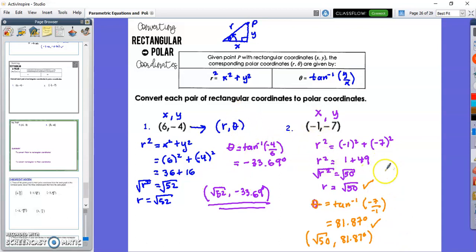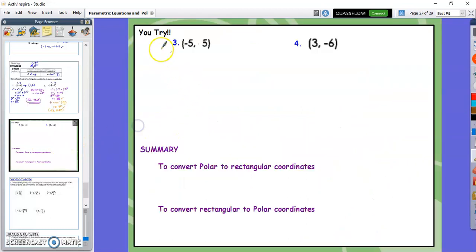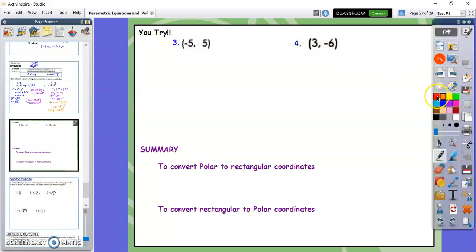All right, if you would like to practice on your own, go ahead and pause the video and answer the next two problems, and then we'll do the summary in conversion. While you're doing that, I'm going to keep going for number 3 and 4, and then you can check your answers later.